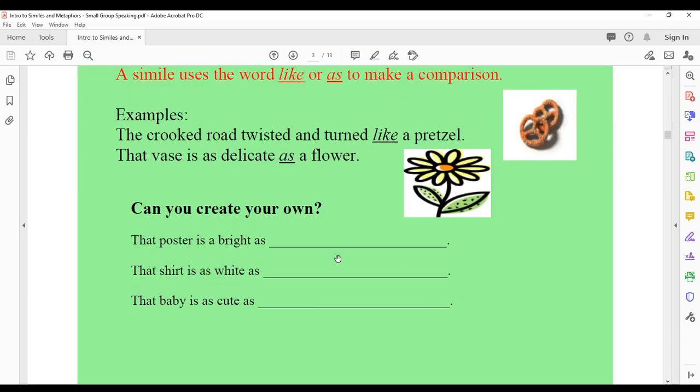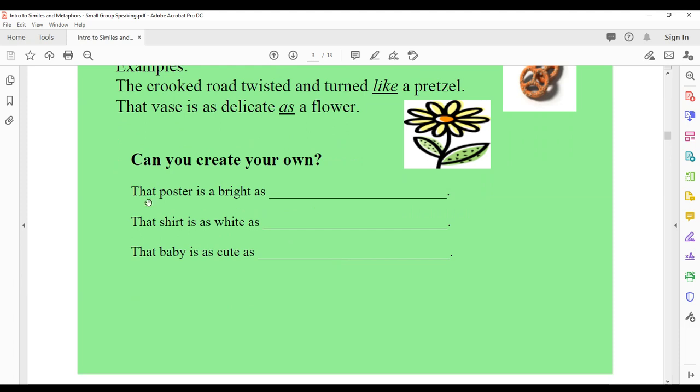Real quickly, a poster is a picture that we hang on the wall. If you look at Sarah's face on Zoom here, it looks like she has a bright poster behind her, right? And I can say that poster is as bright as the sun. I'm comparing the poster and the sun.